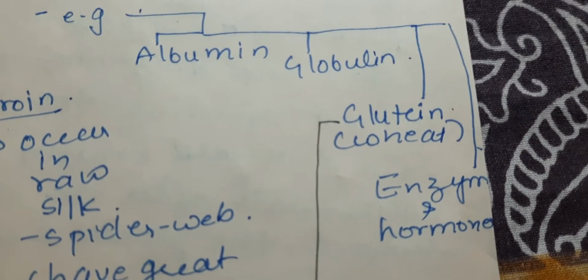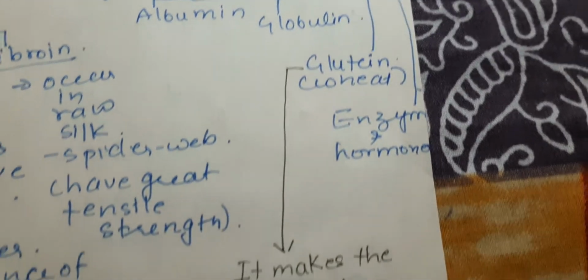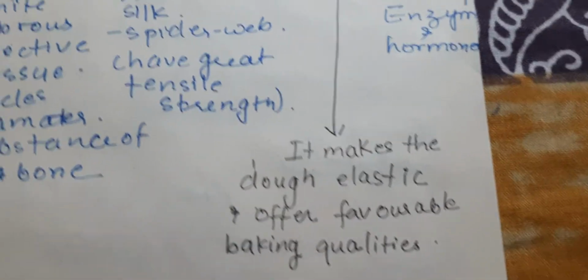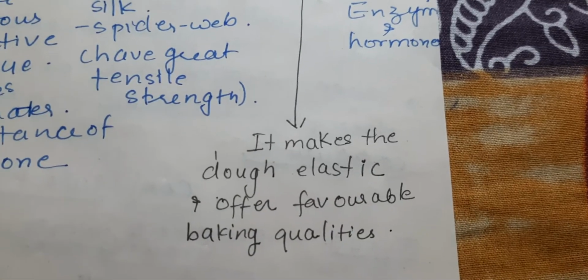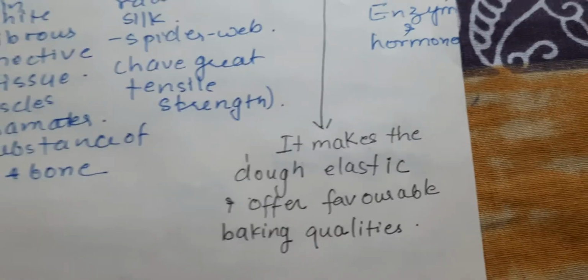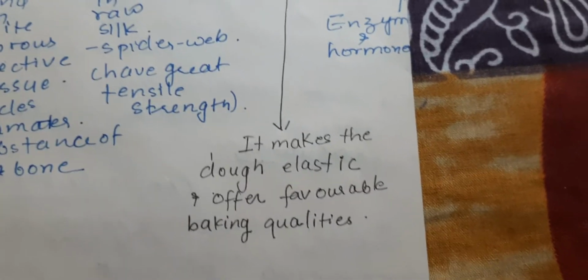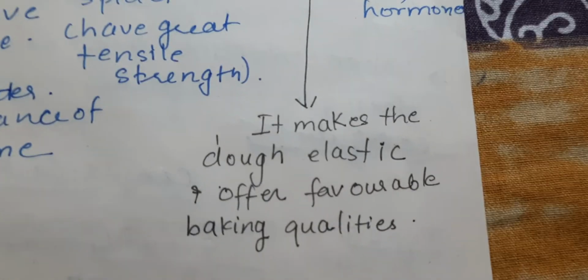Okay, so it is always advisable that along with the wheat you can consume certain other cereals like millet, corn, and barley. Barley has less content of this gluten protein.